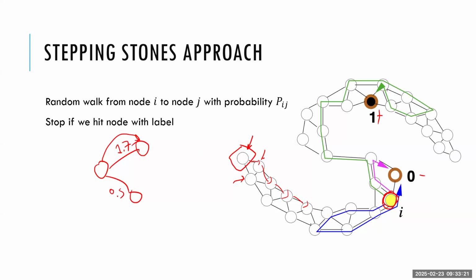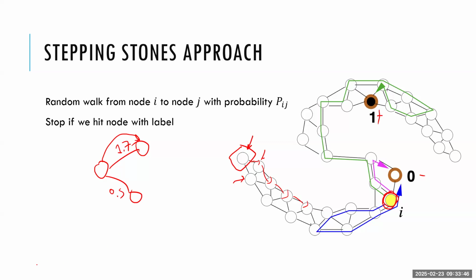You start with one point, look at the neighborhood, and take a random guess, but not everyone has equal weight. The ones closer to you have a higher probability of you going there. Then you repeat this process until you find a label.